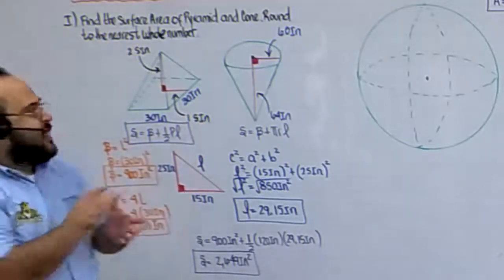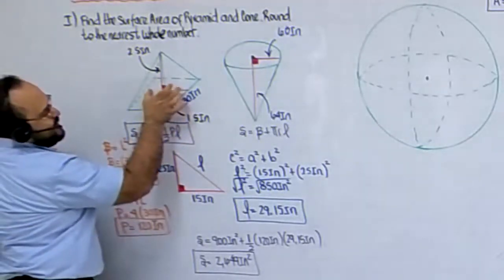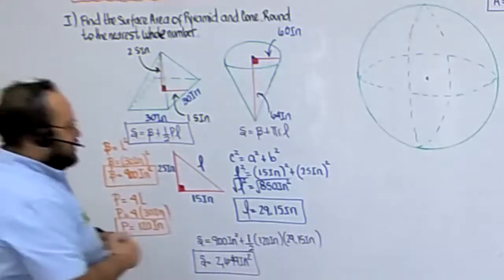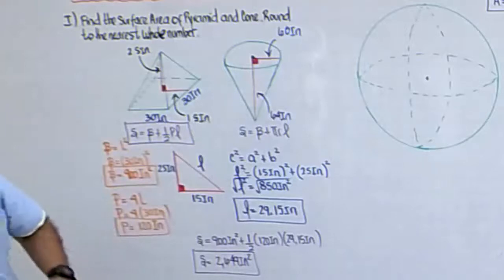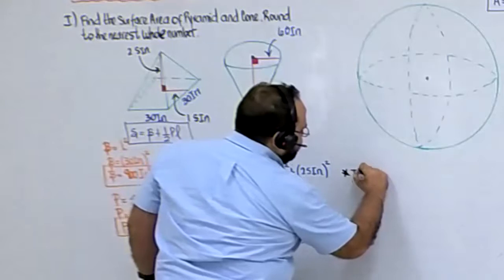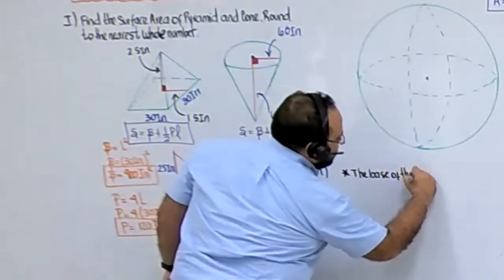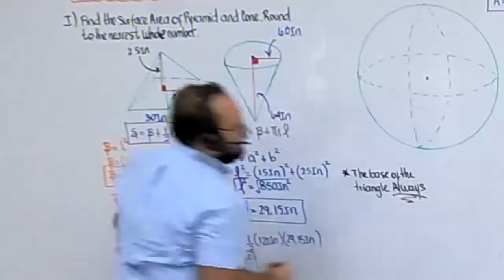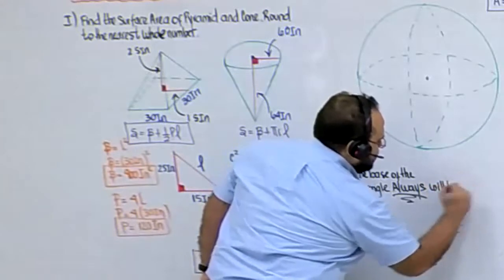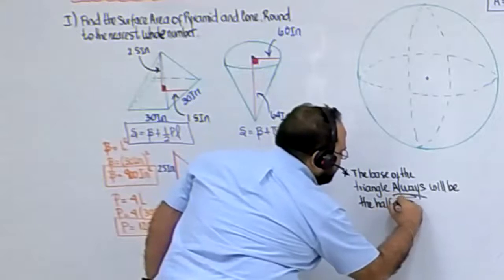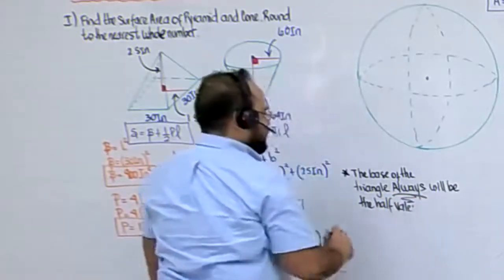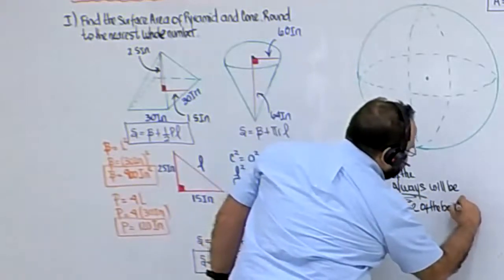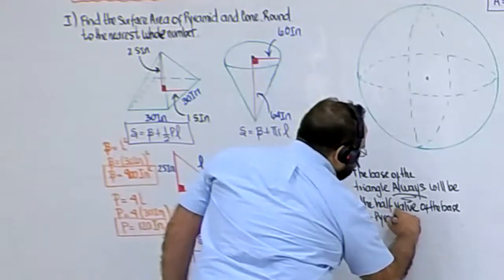So I'm telling you, in this case, even if the problem never gave us the measure of the base of the inner triangle, always, always, always, I'm going to copy over here: the base of the triangle always, always will be the half value of the base of the pyramid.